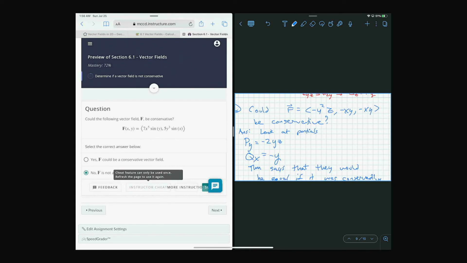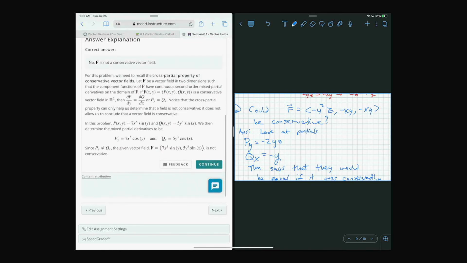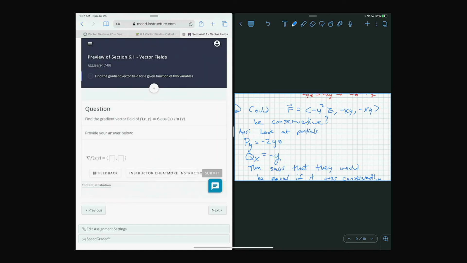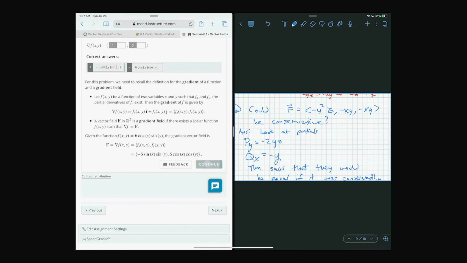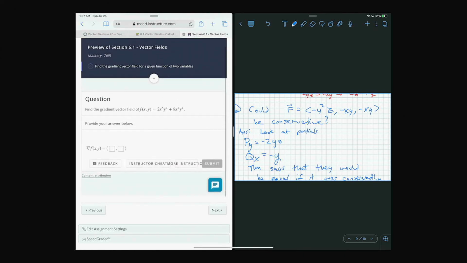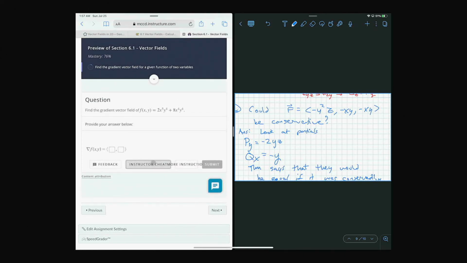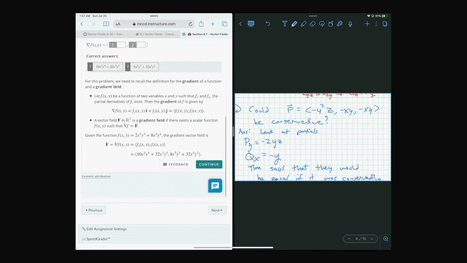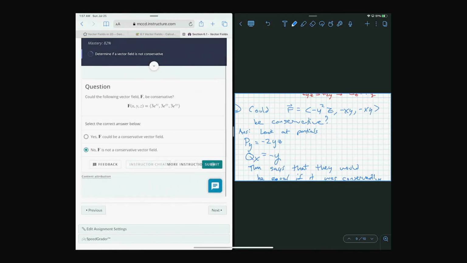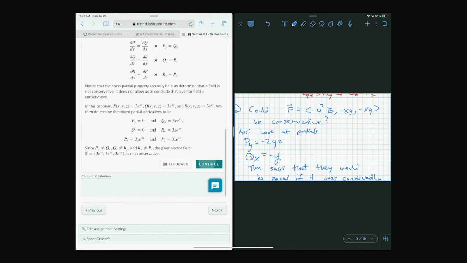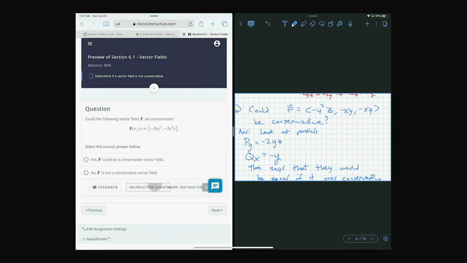Okay, so that's not that bad. More of those. I'm sure we're going to have to do what they call finding the potential function soon. Finding a gradient field is just taking derivatives. That's good. Another one of those, could it be conservative?